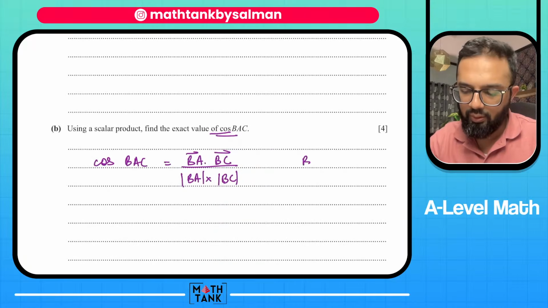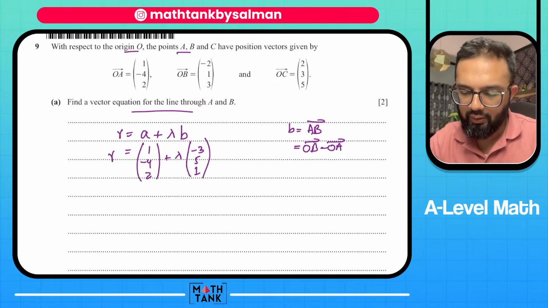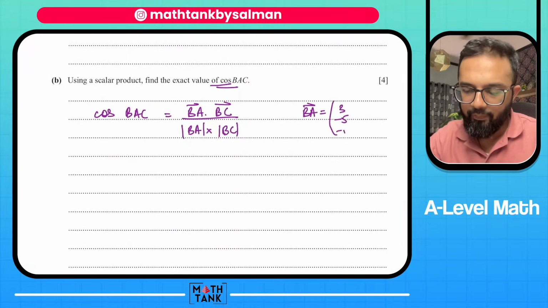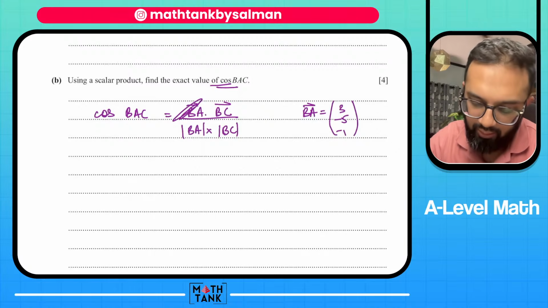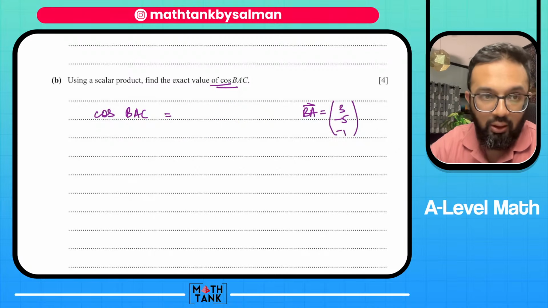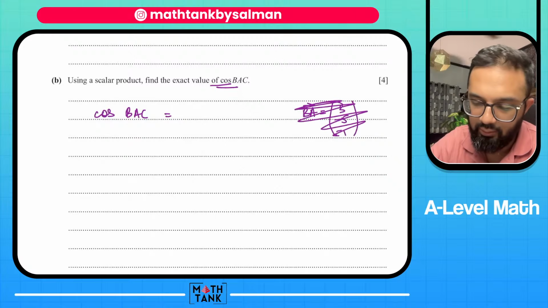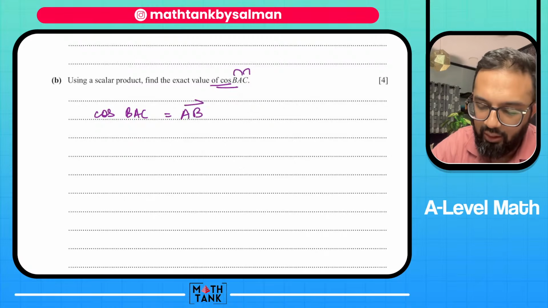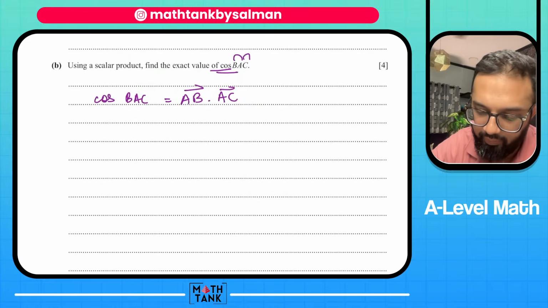You can invert the signs and say that this is BA: 3, minus 5 and minus 1. And BC, no, my bad. Wait. When you're doing this angle, I mistakenly wrote BA and BC. I should write AB and AC. Sorry, my bad.